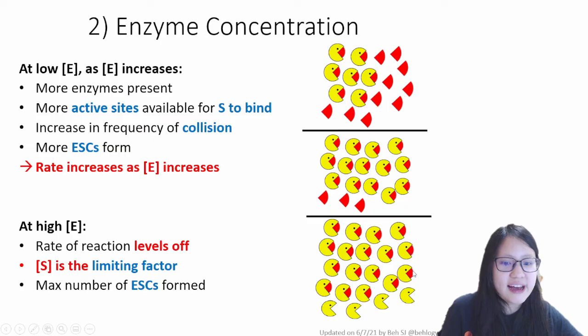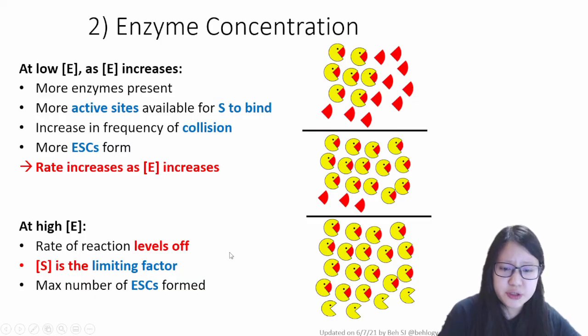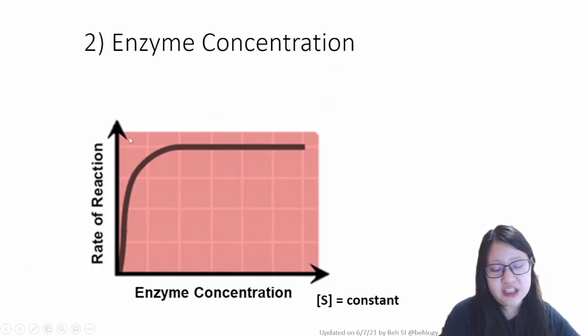You can add as many enzymes as you want, but there's only so many substrates to process. So substrate concentration here is the limiting factor. The maximum number of enzyme substrate complexes form, and therefore the rate of reaction levels off.